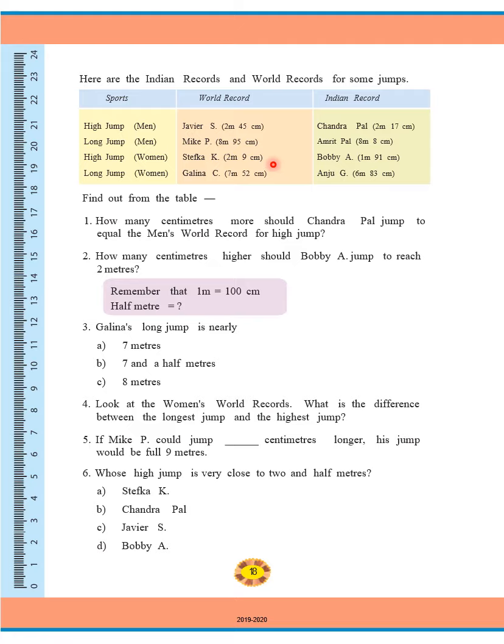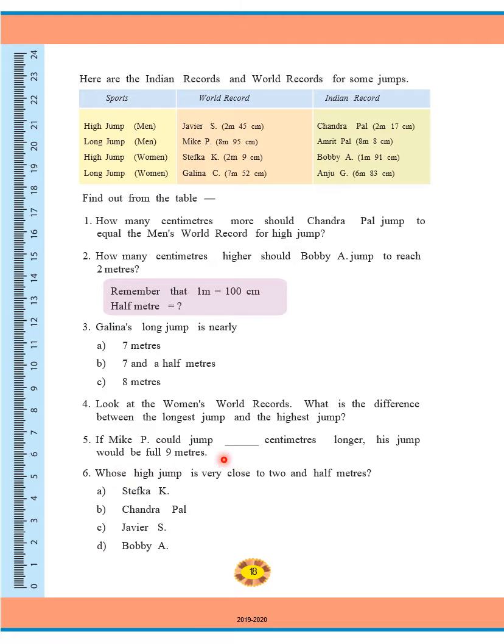So we will subtract 2 meter 9 centimeter from 7 meter 52 centimeter, and the answer is 5 meter and 43 centimeter.